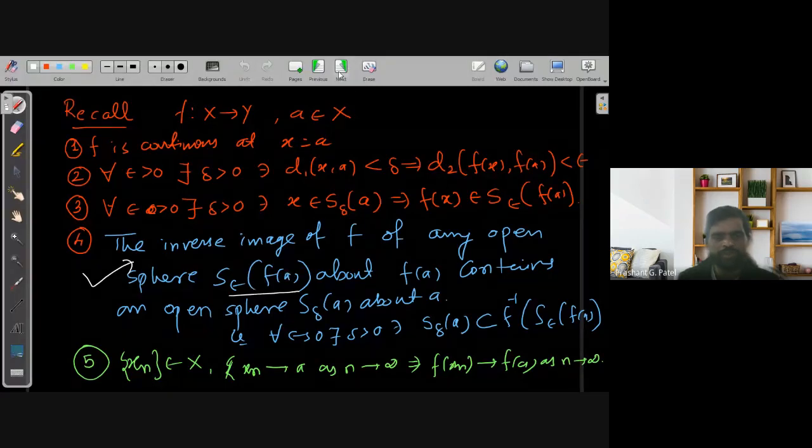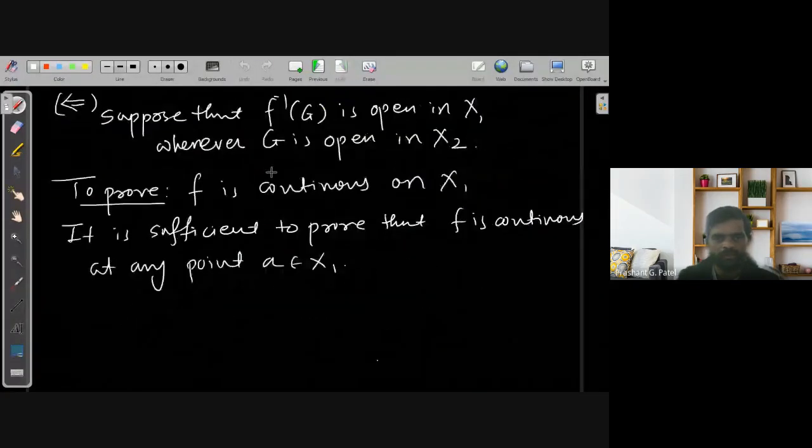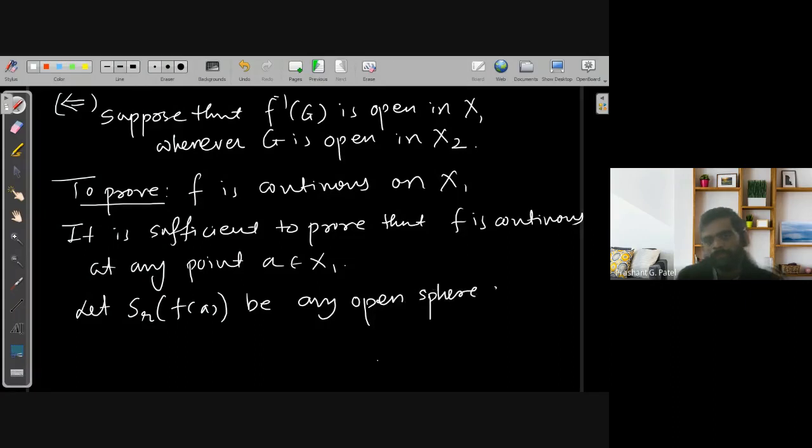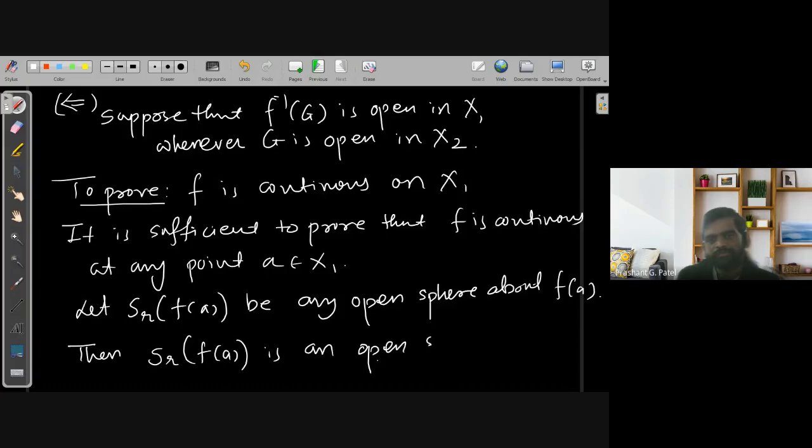I'm considering an open sphere about f of a. So let S_R of f of a be an open sphere about f of a. Then S_R of f of a is an open set in X2, as every open sphere is an open set, which we already proved.